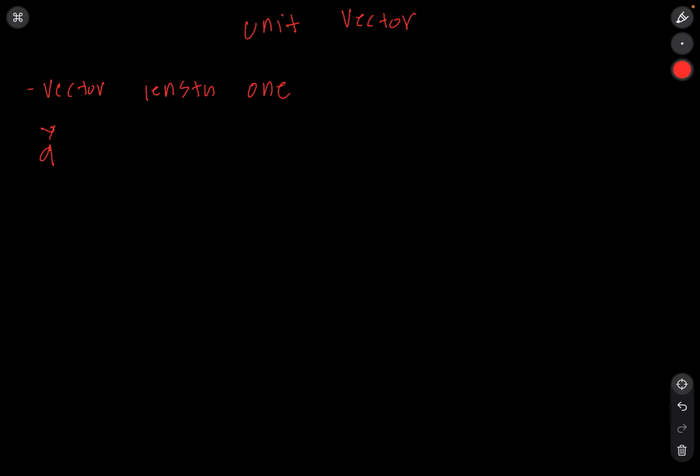The general formula for a unit vector would be the vector A, the original vector, over the length of vector A, which is equal to your unit vector. Essentially, it's a unit of just length 1. That's it. Here's what I mean.